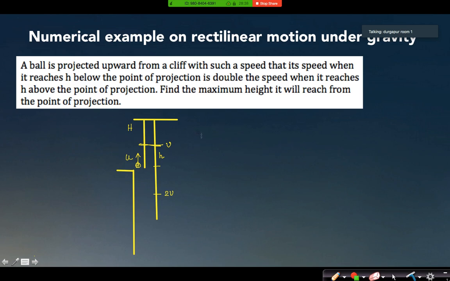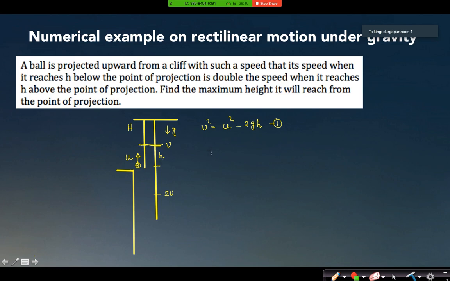The third equation of motion says that v square equals u square minus 2gs. I will use it, because acceleration here is minus g and I have taken the upward direction to be positive. So v square equals u square minus twice g into h. This is the first equation that I have written when the particle reaches a small h above the point of projection.